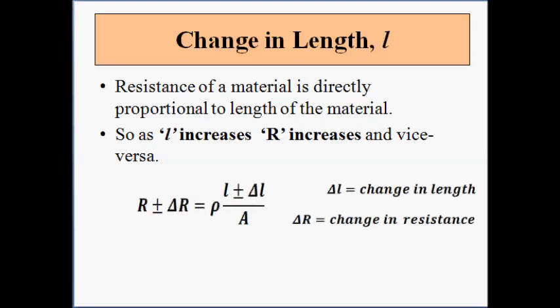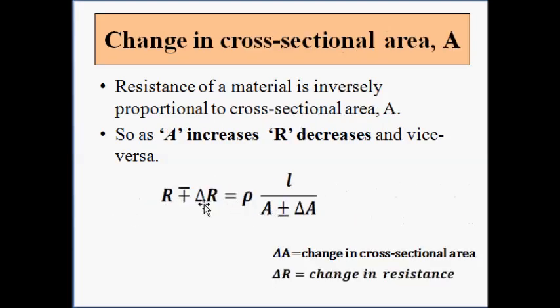But for cross-sectional area it is opposite. Here it is minus plus, there it is plus minus, because resistance is inversely proportional to cross-sectional area. Always make note of this. Do not ever write plus minus in the case of cross-sectional area, it will be wrong. So, resistance is directly proportional to length and inversely proportional to cross-sectional area.